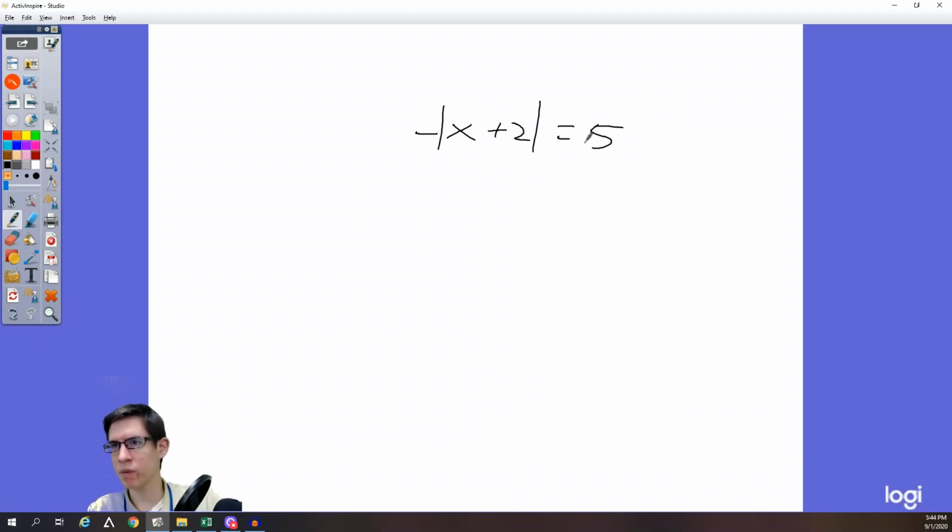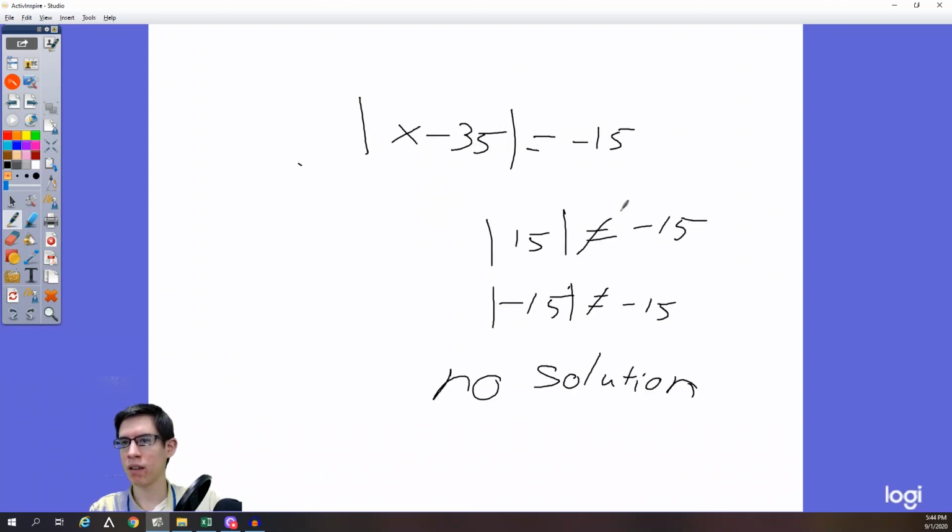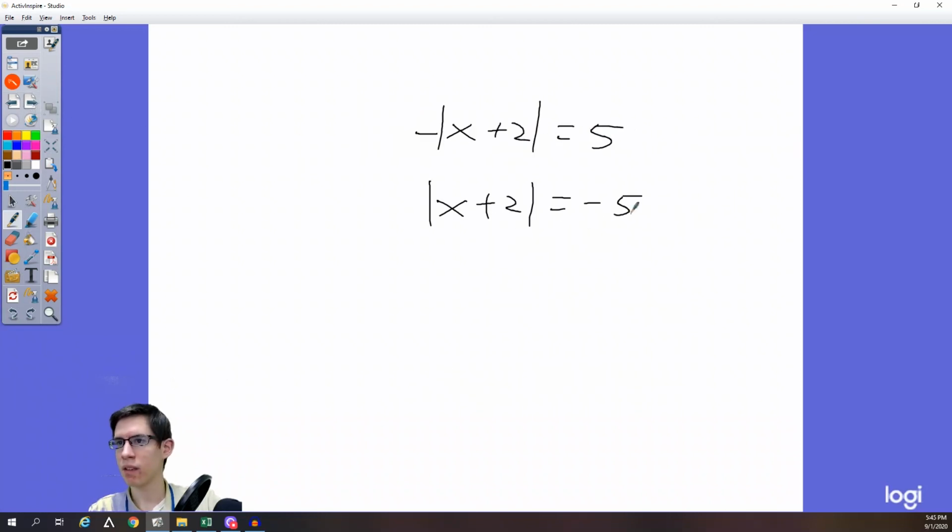I would have to move this negative over, so it would become absolute value x plus 2 equals negative 5, and we're right back to the same issue we had on the last problem. The side that is not the absolute value thing now has a negative, and that means that once again there is no solution that satisfies this.